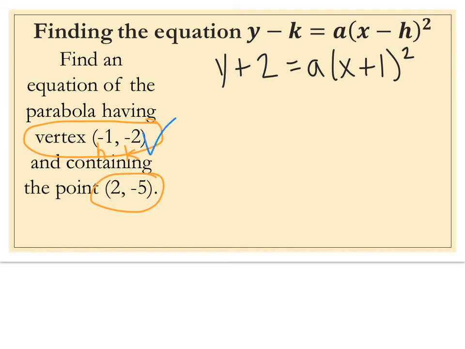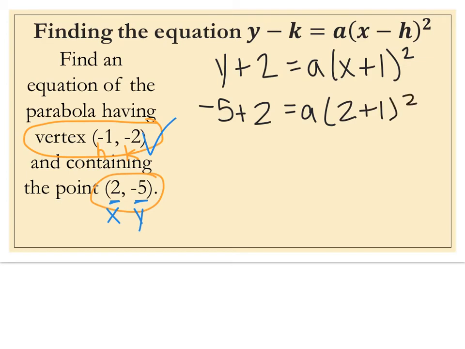We just did that. Well, we know it also contains this point, 2, -5. Well, every point's made up of an X and a Y. So what if we plugged -5 in for Y? We still don't know A, that's the thing we have to find, but then we can plug 2 in for X, and we can solve this equation for A. -5 plus 2 is -3.